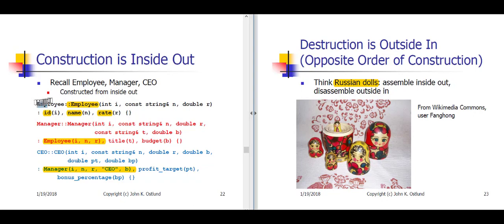Actually, that applies here to the employee class as well, because in our employee manager CEO hierarchy, the employee class is the basemost class, and if we need to have destructors for employees, managers, and CEOs, and we need to be able to allocate and deallocate these things on the heap on the fly, the employee class's destructor had better be virtual, so that when we dynamically allocate a CEO and later deallocate the CEO, the destructor for the CEO will be called first, followed by the destructor for the inner manager part, followed by the destructor for the inner employee.